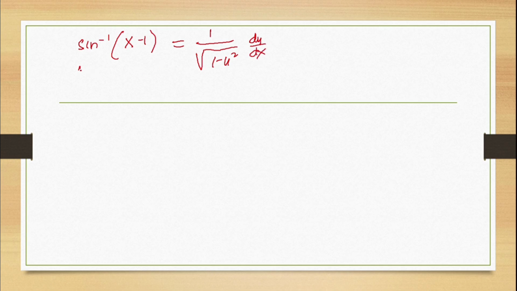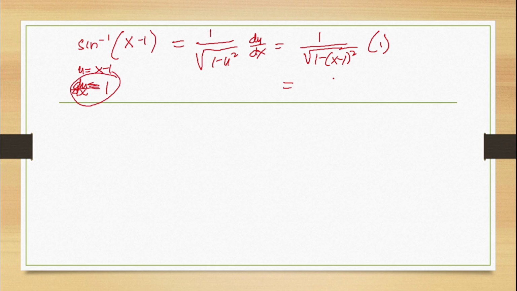Our u here is x minus 1, and du over dx is equal to 1. By substituting, we have 1 over the square root of 1 minus (x minus 1) squared, times the derivative of u, which is 1.